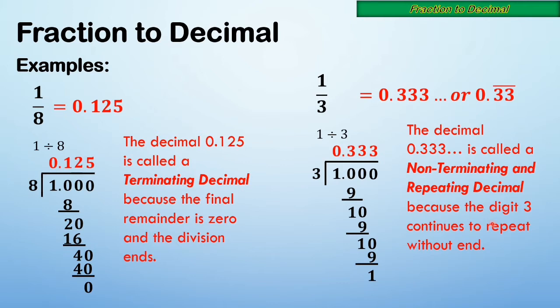Okay? Because the digit 3 continues to repeat without end. Those are the repeating decimals or non-terminating decimals.